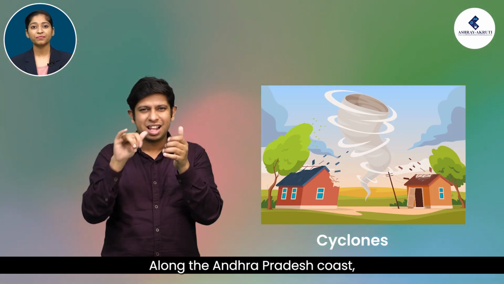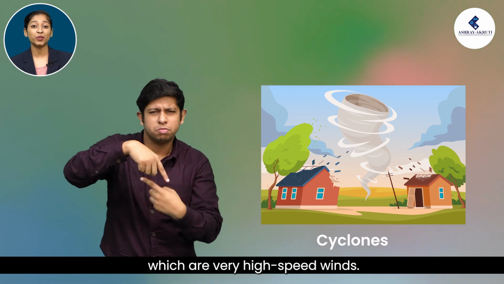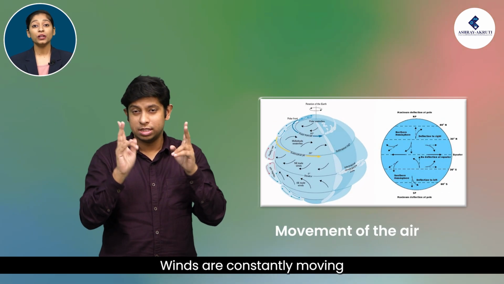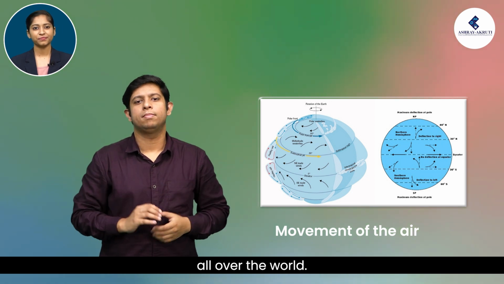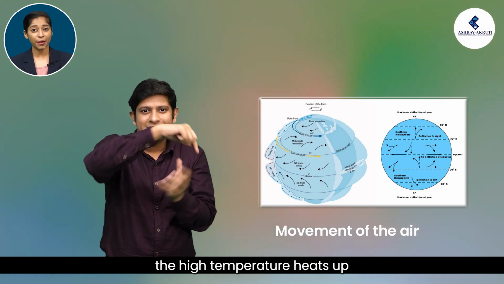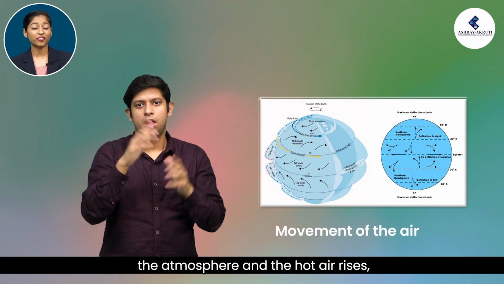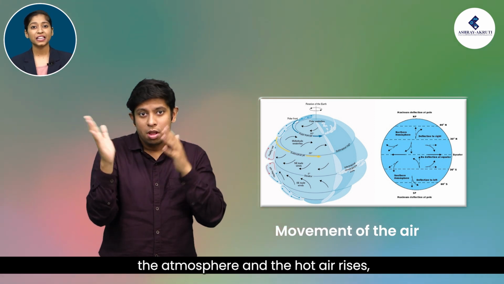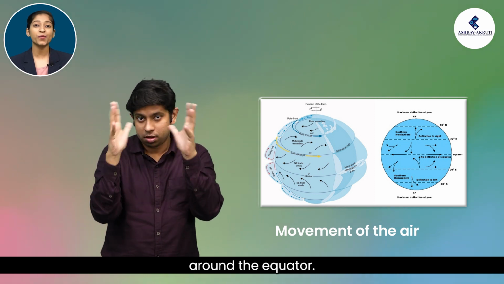Along the Andhra Pradesh coast, we experience cyclones, which are very high-speed winds. Winds are constantly moving all over the world. At the equator, the high temperature heats up the atmosphere and the hot air rises, creating lower pressure at the Earth's surface around the equator.